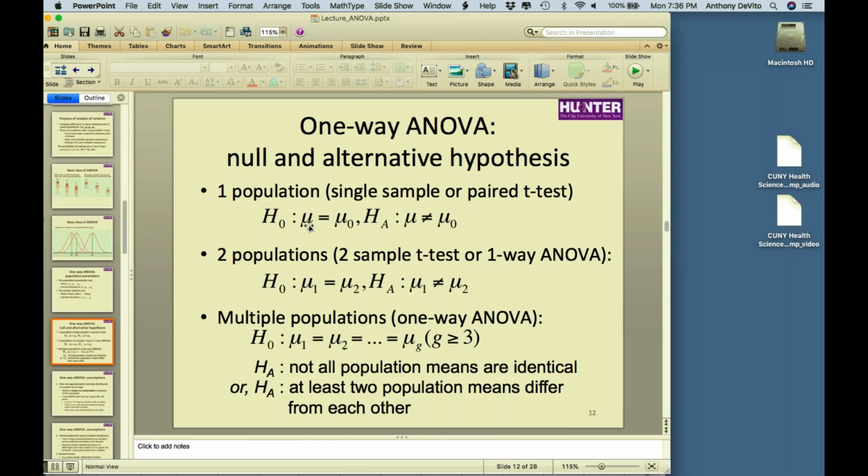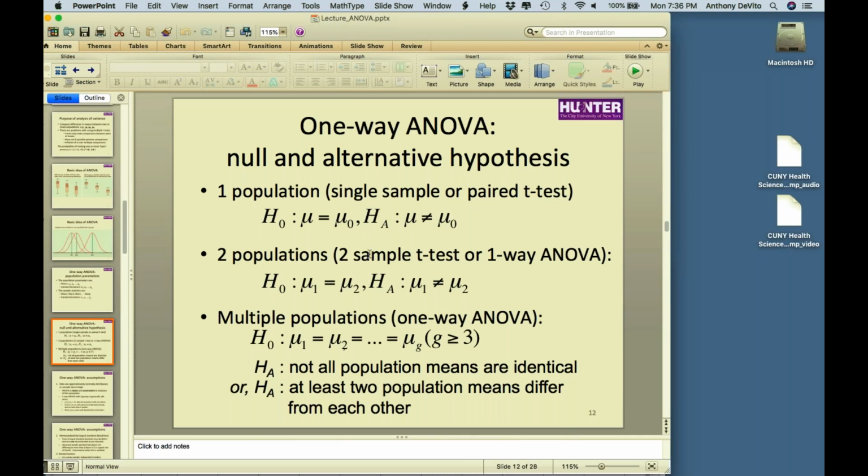Sometimes we would see that as mu is equal to 30, or mu is equal to 40. And our alternative hypothesis was that mu is not equal to that value. That's a situation where we have a value and a single sample from a population, and we want to compare our mean to that value.